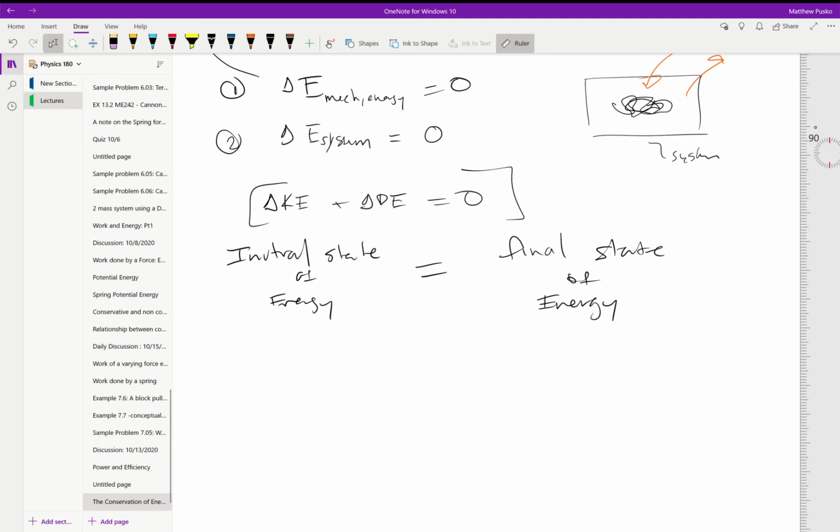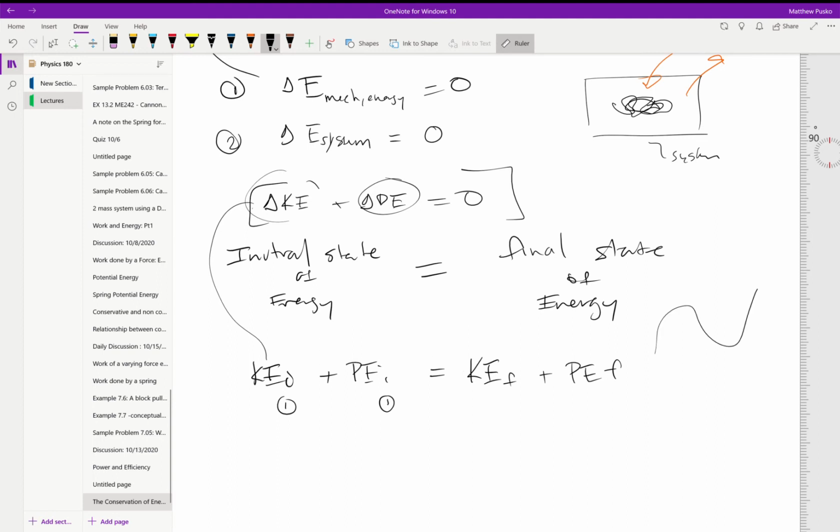But right now we're not looking at work, we're just talking about the kinetic and potential energy. The easiest way to write this down is the initial kinetic energy plus the initial potential energy. Then you might see this as a 1 or a 2. So the kinetic energy at 1 plus the potential energy at 1 is equal to the kinetic energy final plus the potential energy final.